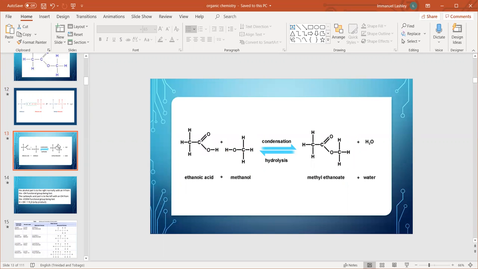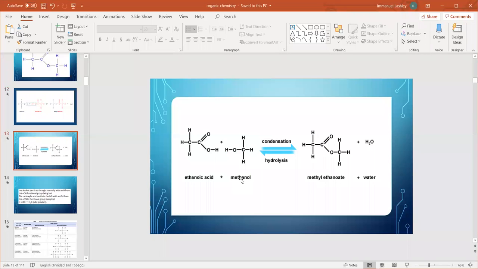Right, so I found different ways to try and represent it visually for you guys to see. When we had ethanoic acid and an alcohol, an acid plus an alcohol gives you an ester plus water. And that process is a condensation process, meaning that water is given off.